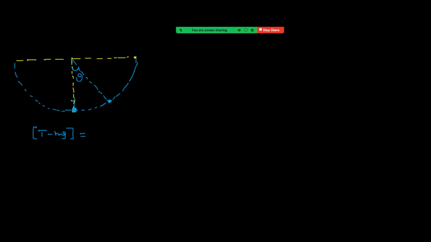Tension is towards center, mg downwards. So T minus mg is the centripetal force towards the center, means upwards. That means when theta equal to 0, acceleration is vertically upwards. So option A is matching, right?